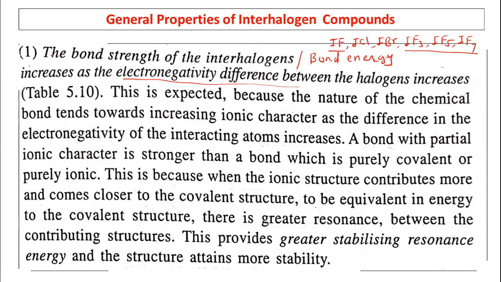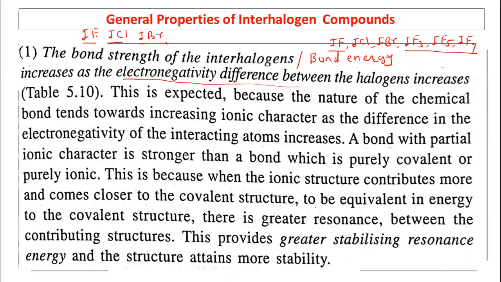For example, if we take three examples here: iodine monofluoride, iodine monochloride, and iodine monobromide. In these three interhalogen compounds, the electronegativity difference between iodine and fluorine is larger.